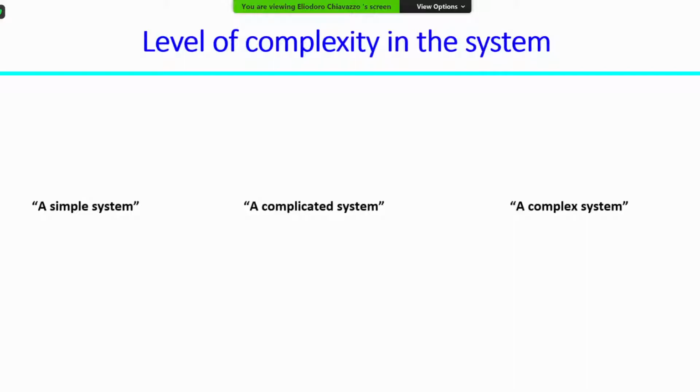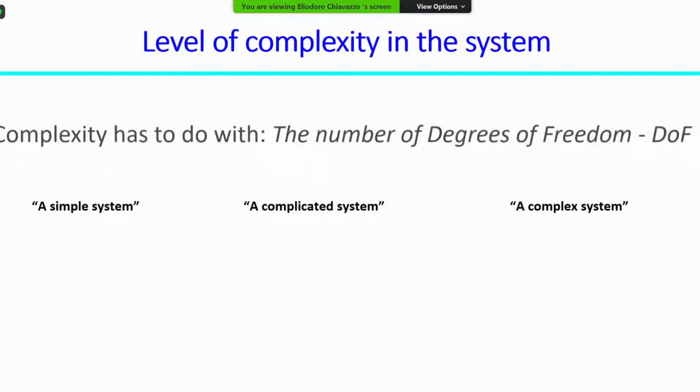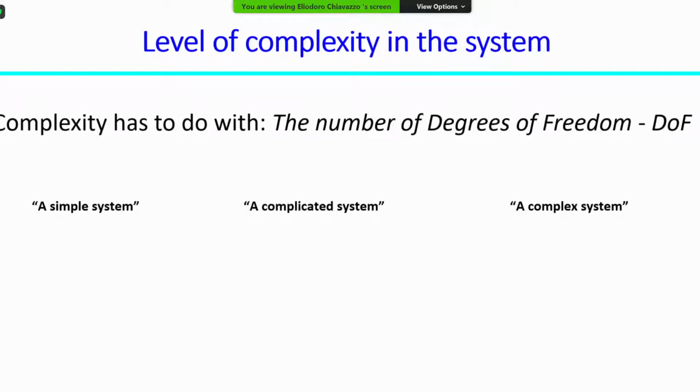Now, we all know that systems have different levels of complexity. And of course, this has to do in the first place with the number of degrees of freedom that need to be described in the models, because this complexity will be reflected onto the model that we are going to construct.